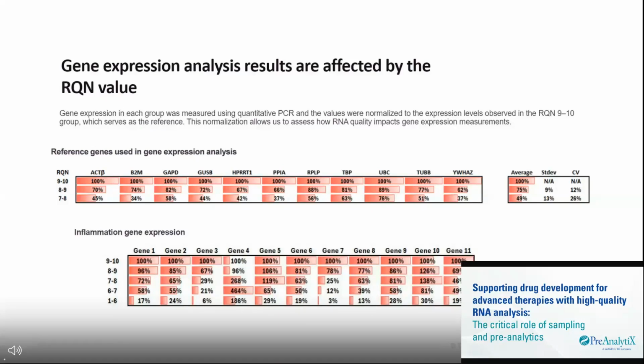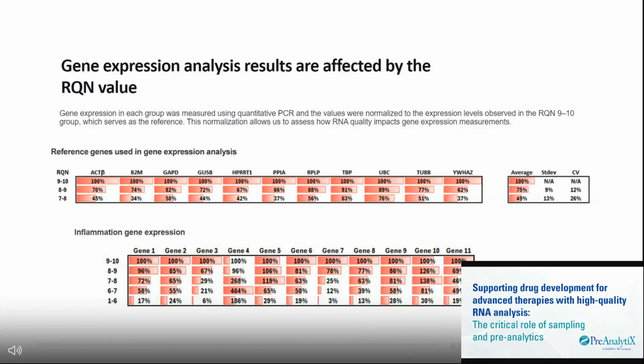To summarize this, on the right, we have the average, standard deviation, and the CV. And what we found is quite striking. Just dropping one RQN level led to an average of 25% decrease in the measured gene expression. Even more importantly, not all genes behave the same. Some drop more, others less.